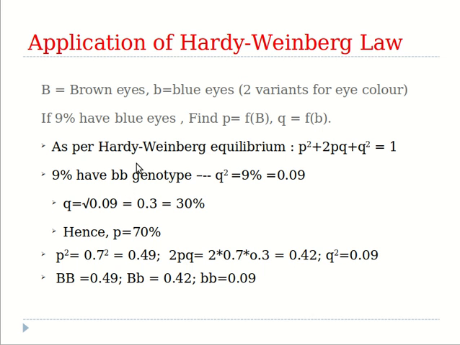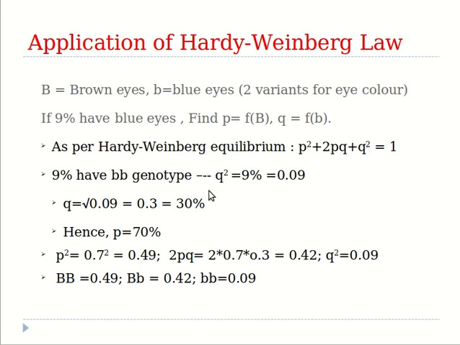So small b is actually q square. p square is the number of individuals in a population with homozygous dominant genotype, and q square is the number of individuals with homozygous recessive genotype.